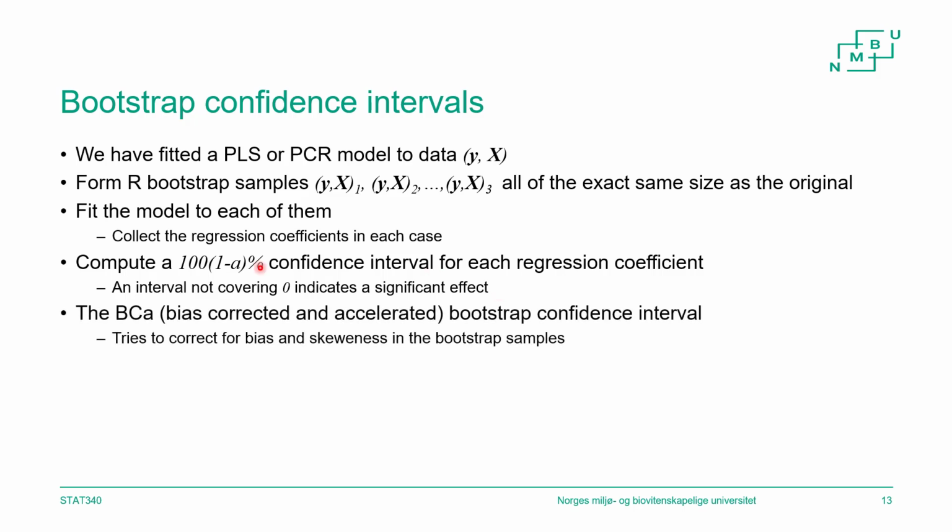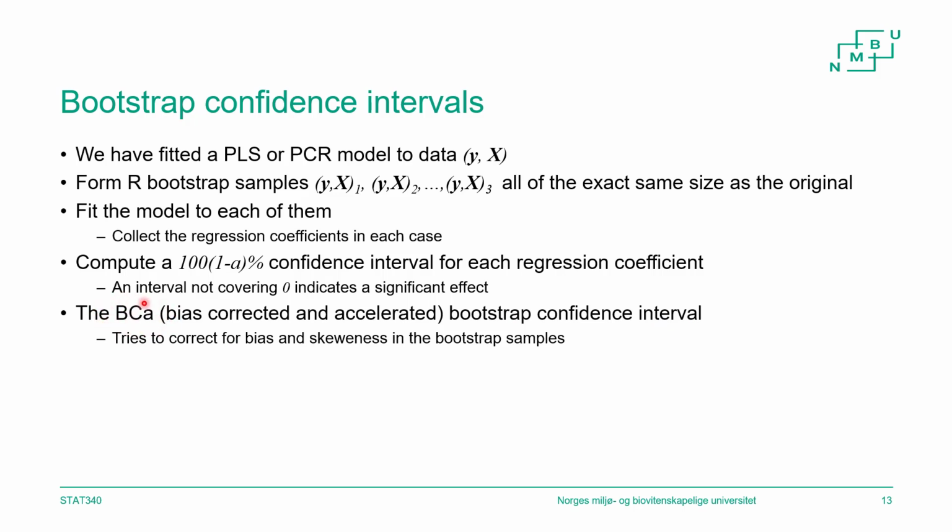There are several ways to compute these confidence intervals, and what we will see in this example is called a BCa bootstrap confidence interval, the bias corrected and accelerated bootstrap confidence interval. I will not dig into the details of how different bootstrap intervals can be computed.